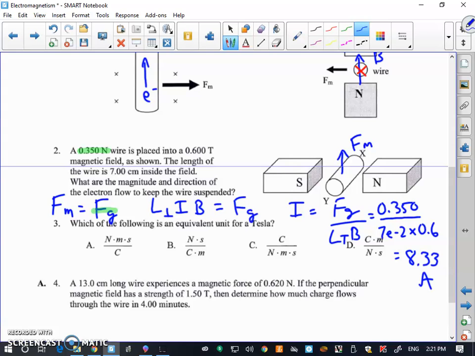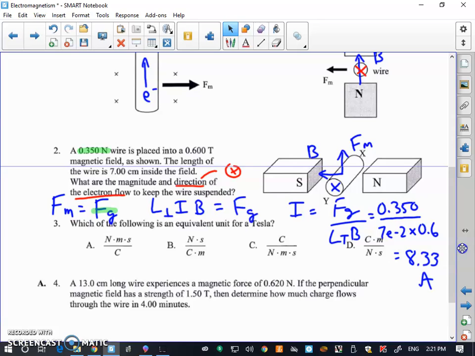Okay? And then the B field goes this direction. And so to set that up, of course, you're going to realize that you have to have the current go in. Okay? So electron flow is going to be into the page.